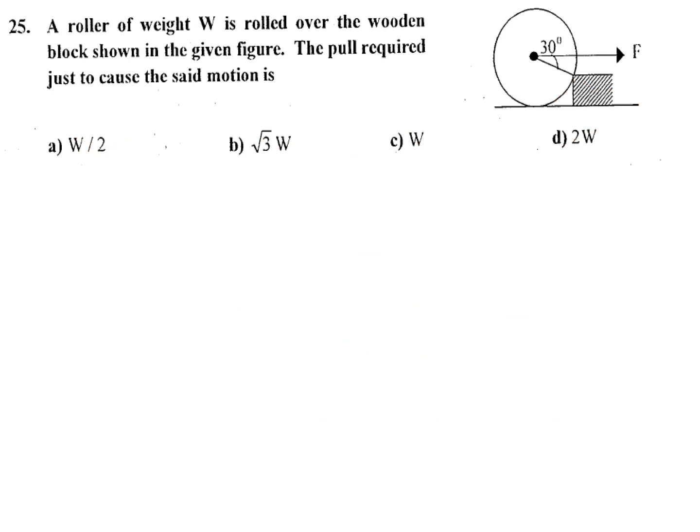A roller of weight W is rolled over the wooden block shown in the given figure. The pull required just to cause the said motion is how much? Draw the free body diagram.